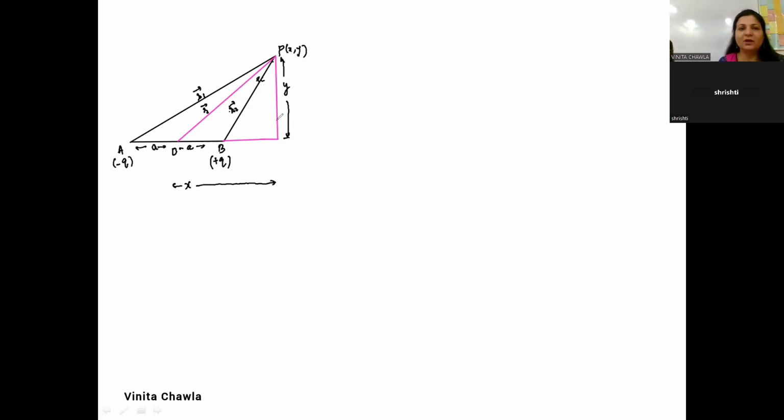So for R1 we will consider triangle PAC. Okay. So when we consider triangle PAC, apply Pythagoras theorem here. AP square is equal to AC square plus PC square.